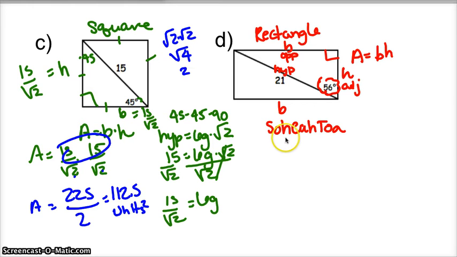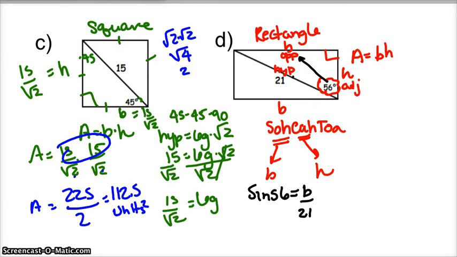So I'm going to use sine in order to find B, and I'm going to use cosine in order to find H. To find the value of B, I'm going to use 56. B is opposite over hypotenuse, so the sine of 56 equals opposite over hypotenuse. Then to find H, H is adjacent over hypotenuse, so the cosine of 56 equals adjacent over hypotenuse.